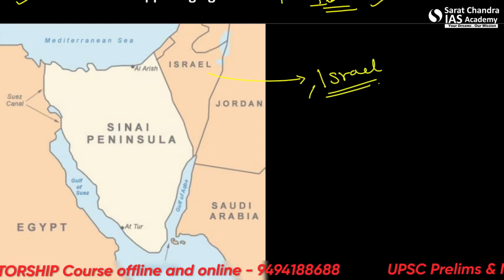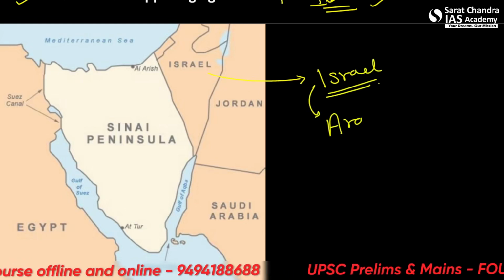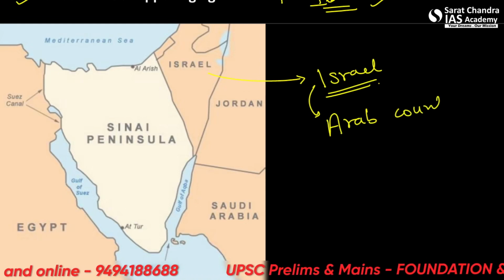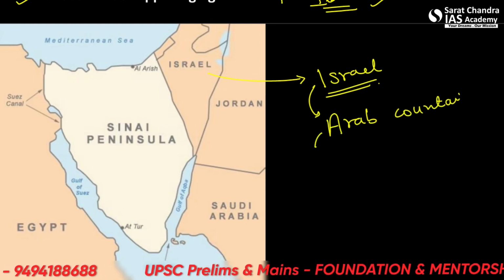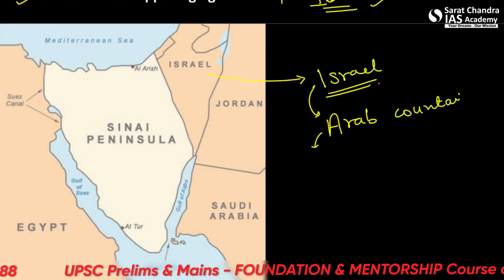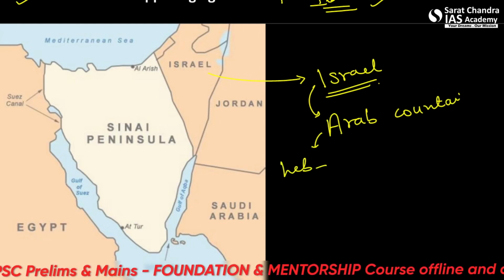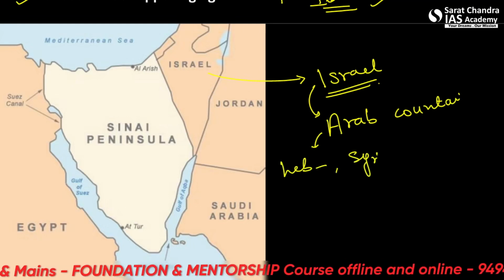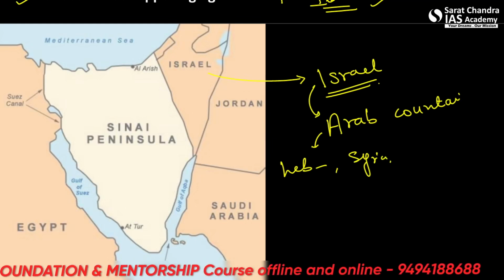Now it's surrounded by various Arab countries. Arab countries such as, beginning from the north clockwise, they are Lebanon. Then there is Syria, which you cannot see in the map right now.